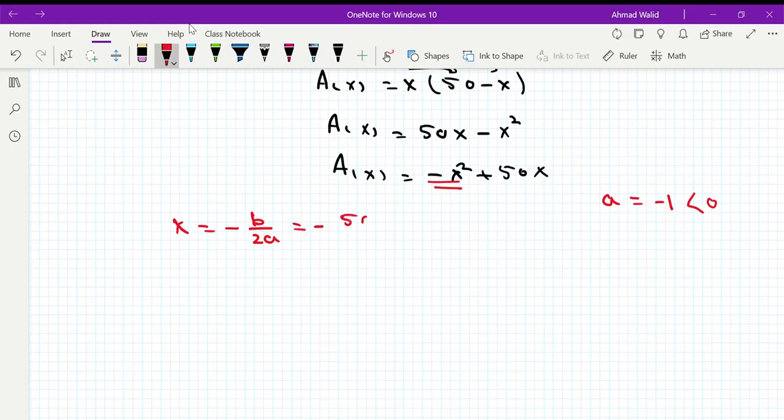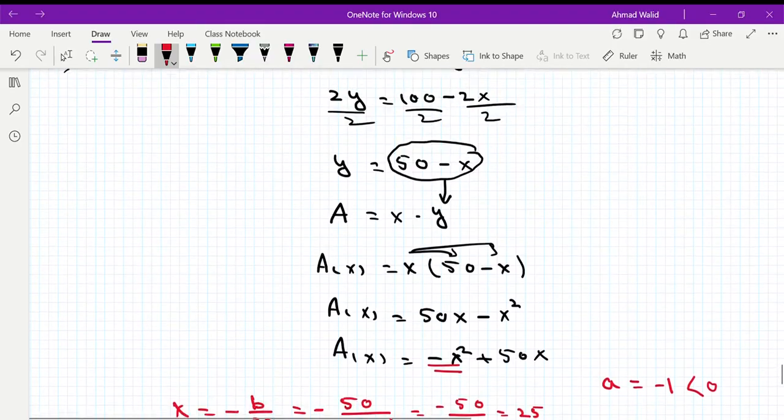Negative 50 over 2 times negative 1, which gives you negative 50 over negative 2, which gives you positive 25. Correct? The value of x is positive 25.